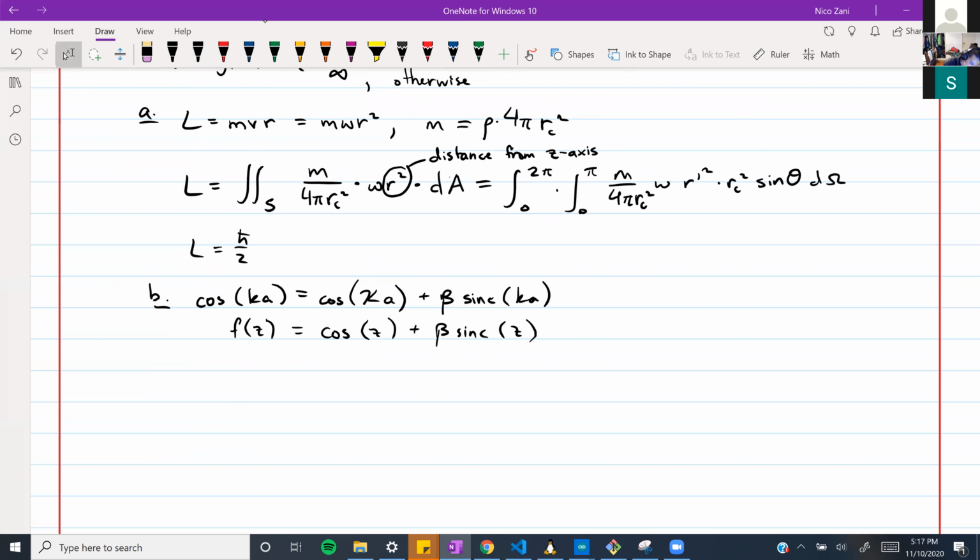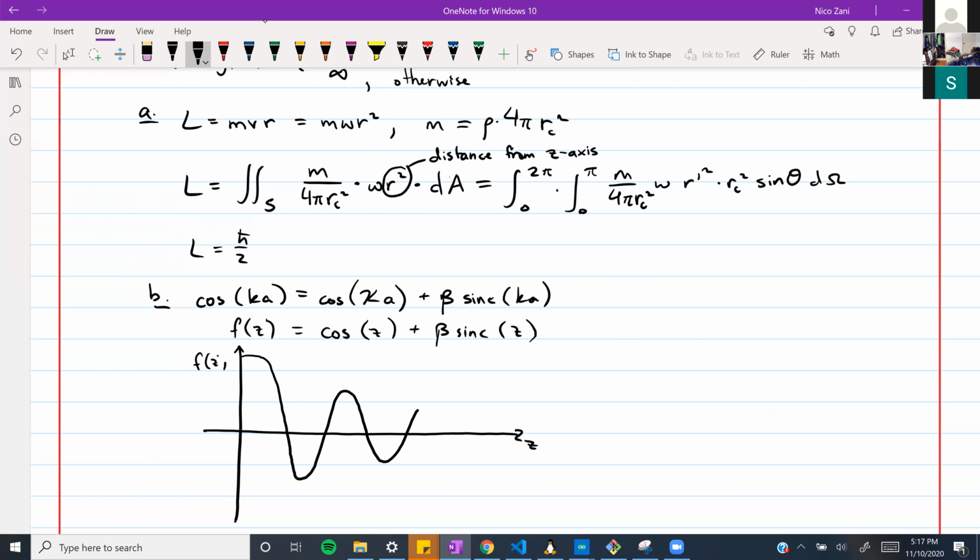And so you'd have some equation, like if you were to actually match up these two functions, or more importantly, if you would actually write what f of z is, right? If I were to say this is f of z and this is z, we'd get something that looks like this. We'd have this, and then it would go down, and it would slowly start to come to something like this. And then this right here is 1.